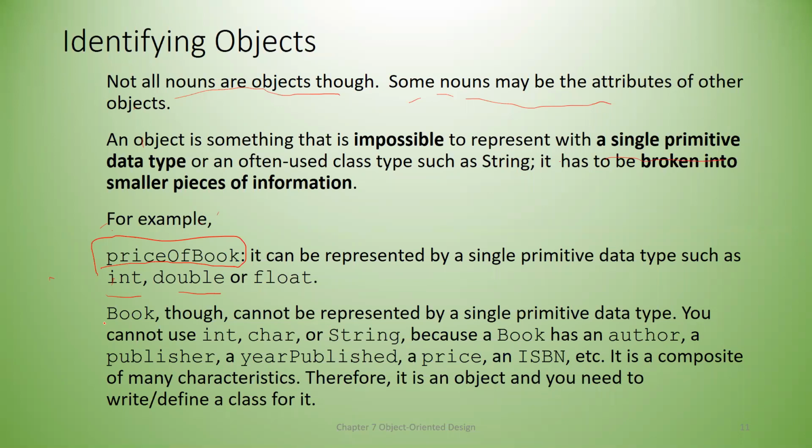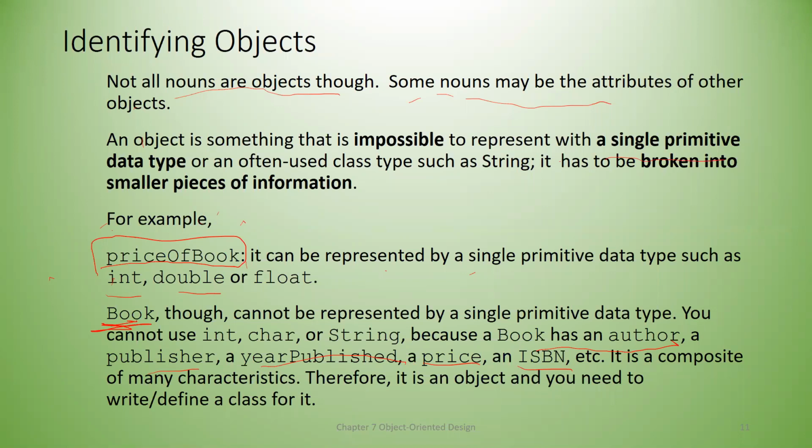But for book, okay, it's overloaded, really. It's loaded with pieces of information. It cannot be represented by a single primitive data type. For example, can you say, okay, I can use a double to represent a book? You cannot. Why? Because a book has an author, right? It has a publisher, year published, price, ISBN, etc., a lot of things, title, number of pages.